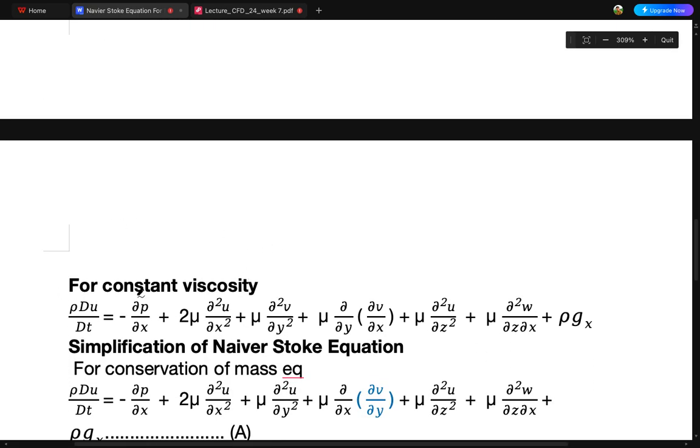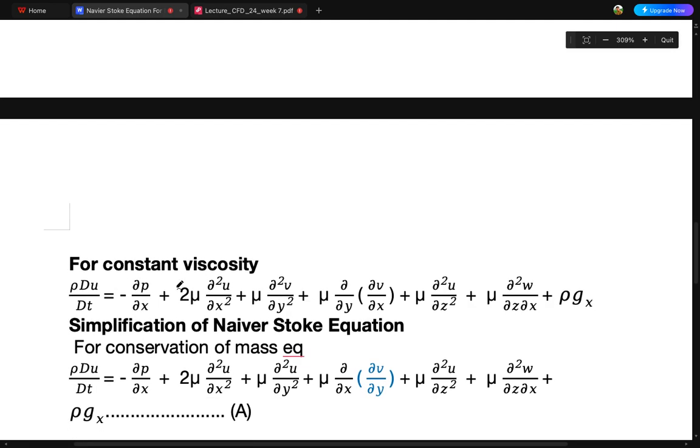For constant viscosity, we take the viscosity as constant.